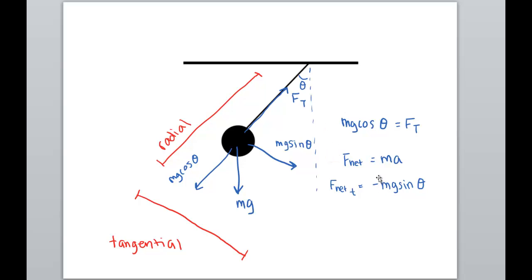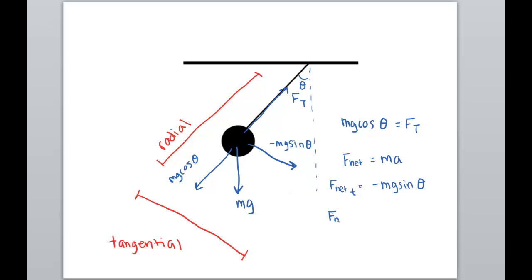You can see that there's a negative sign here, and the negative sign is important because when we pull the pendulum to the left or to the right, the mg sin theta, which is the restoring force, will want to push it or pull it back to the equilibrium point. That's why mg sin theta is negative. It will always pull the pendulum in the opposite direction back to your equilibrium point here.